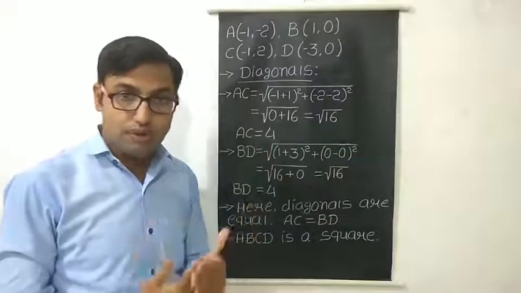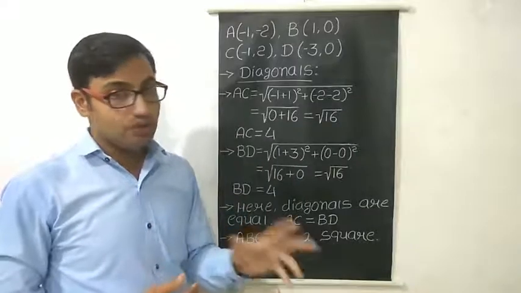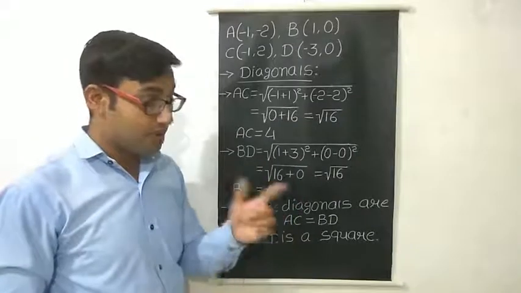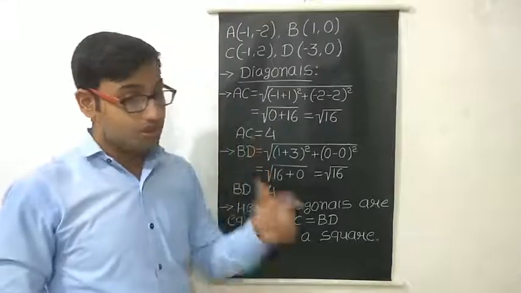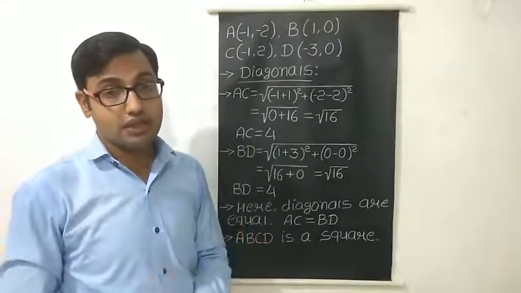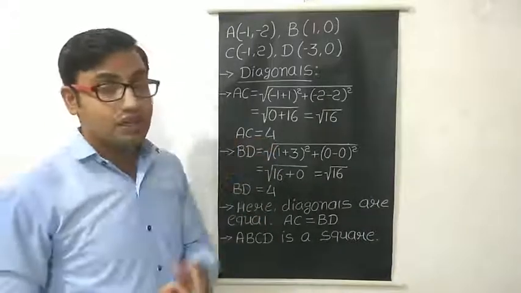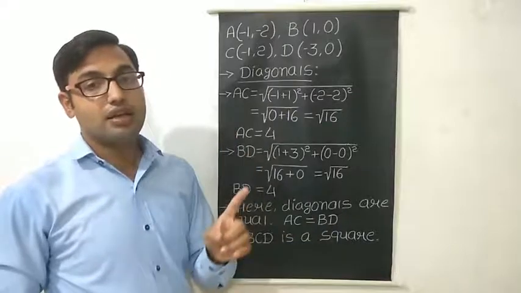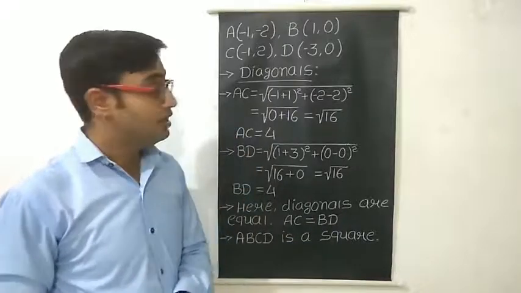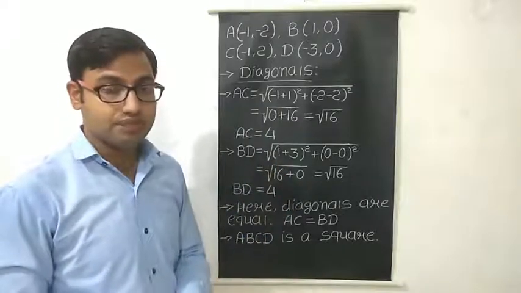There is also a property of the diagonal, because in a parallelogram the diagonals are not equal, but in a rectangle both the diagonals are of equal length. So by calculating the diagonals in this way, you can differentiate between a rectangle and a parallelogram. In this way you can solve this type of sum.